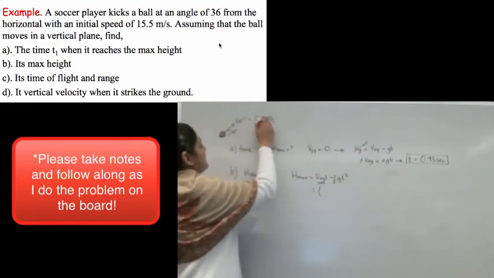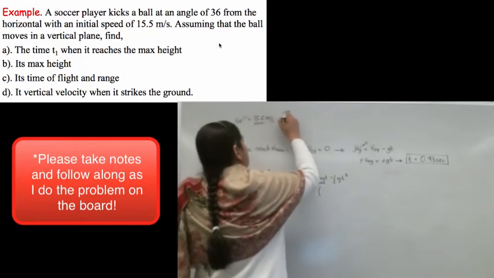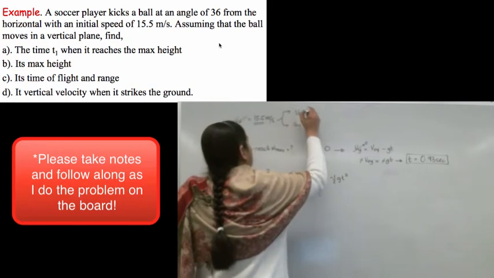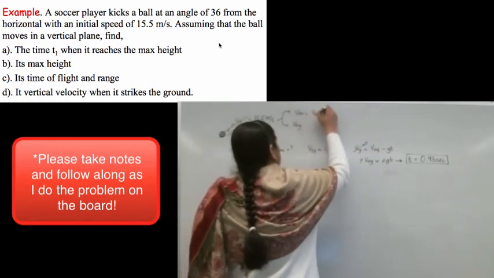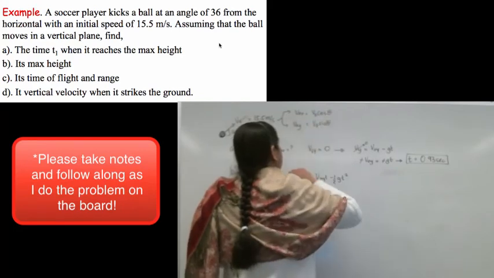I cannot put v0 in here directly, because it will have two components, v0x and v0y. v0x will be v0 cosine theta, and v0y will be v0 sine theta.